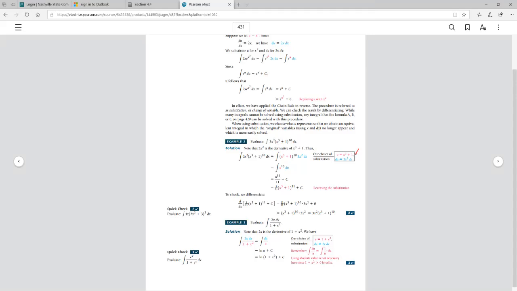Now, why is that? Well, think back to example 1. Is it not true that if u is equal to x cubed plus 1, if we took the derivative of u with respect to x, is it not true that we would claim that that derivative is 3x squared?